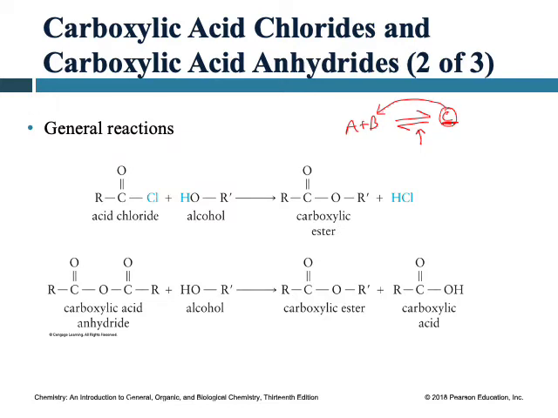So if you use this reaction for esterification, where a carboxylic acid reacts with an alcohol, what you get is an ester compound, as we learned from the previous slide. But because the reaction is reversible, we are not getting enough product, which is the ester.